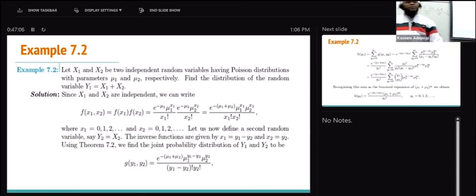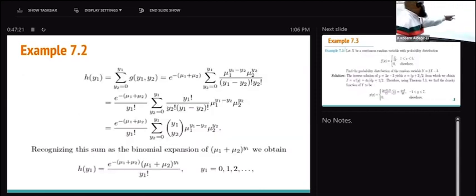We can only go from two variables to two variables, even though they gave us one variable. But in the end, we're actually going to factor out the one we're not interested in. If I'm interested in g of y1, oh my God, look at that. I'm actually going to sum out the one I'm not interested in. At the end of the day, I have my results.